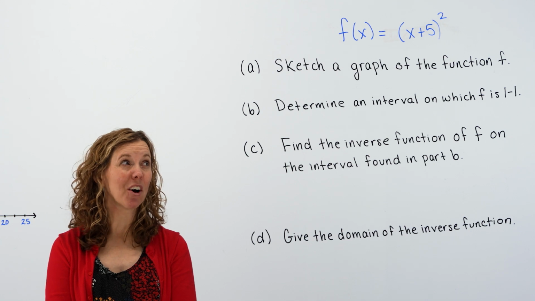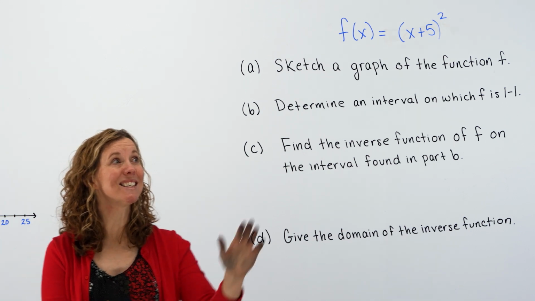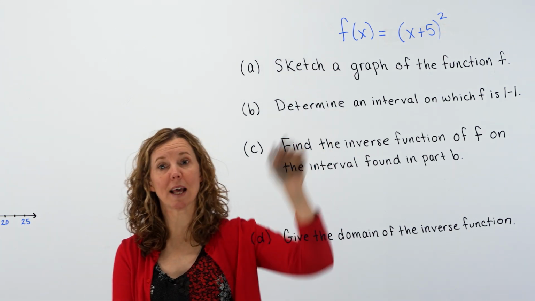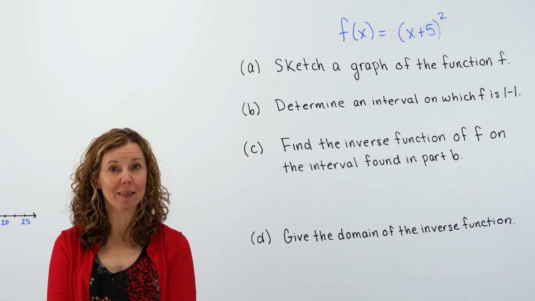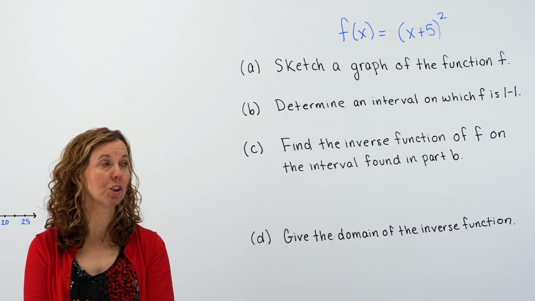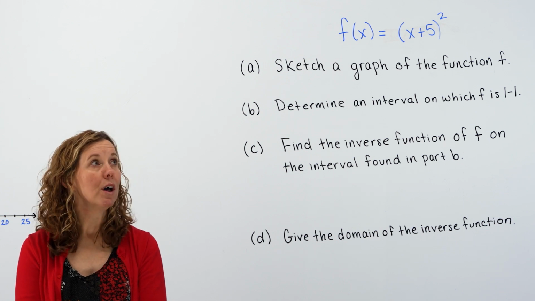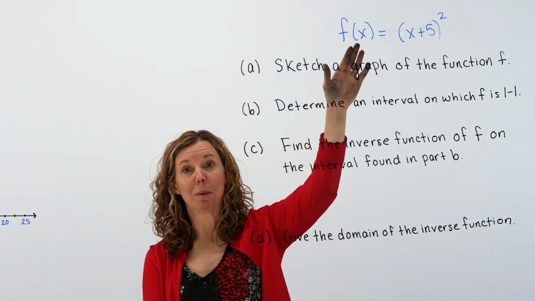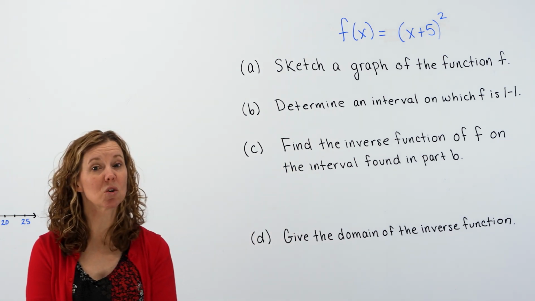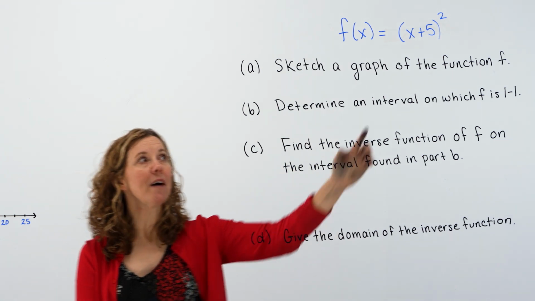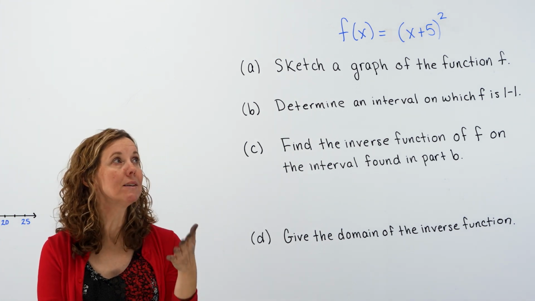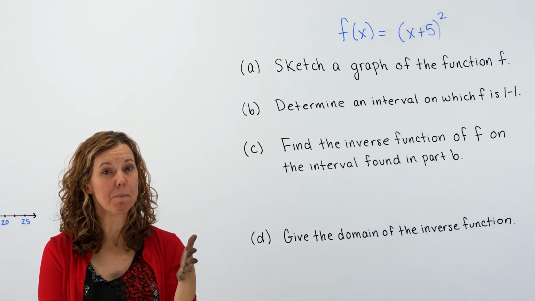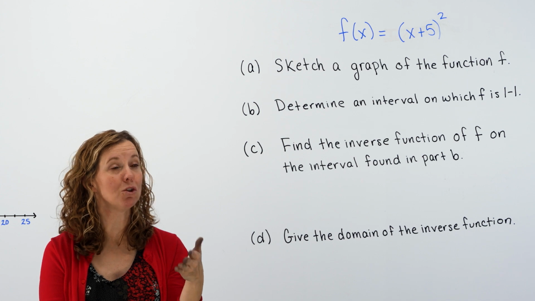So let's start with part A, which requires us to sketch a graph of f of x equals (x plus 5) squared. So a couple things we might think about as we start to sketch this function. First of all, the parent function is going to be a parabola, f of x equals x squared. We can see the fact that we're adding 5 inside the parentheses means that we are going to be shifting that parent function 5 units to the left.